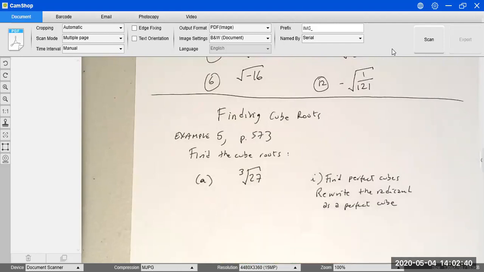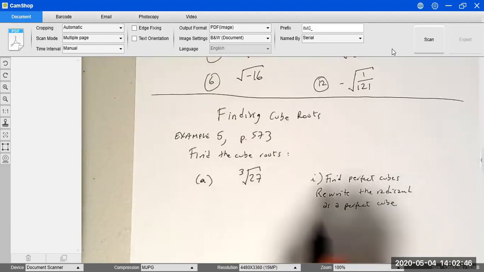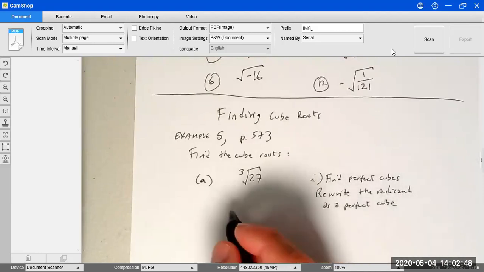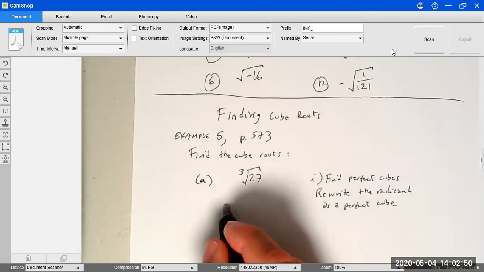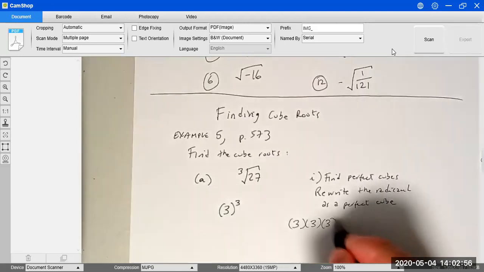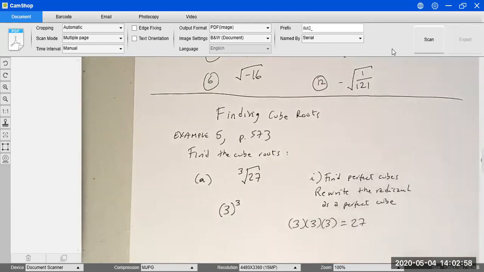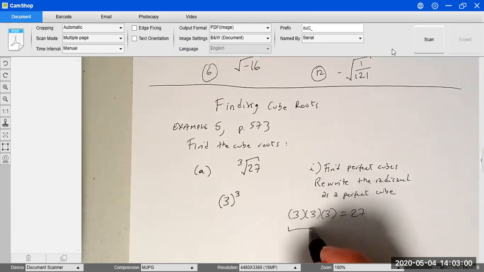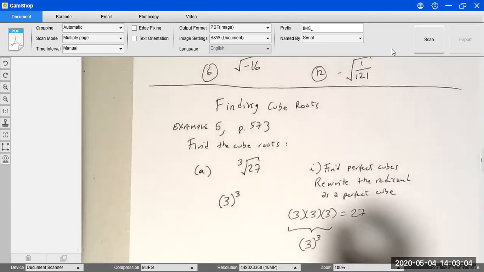Is 27 a perfect cube? Let's see. There should be a number that if you raise to the third power, you're going to get 27, and that number is 3. Because if you multiply 3 times 3 times 3, this is going to be 27, and you can write 3 times 3 times 3 as 3 to the cube.